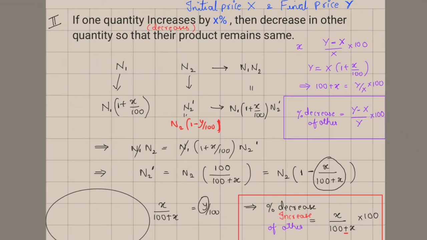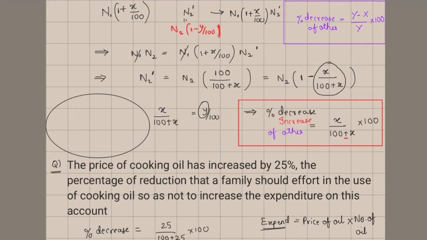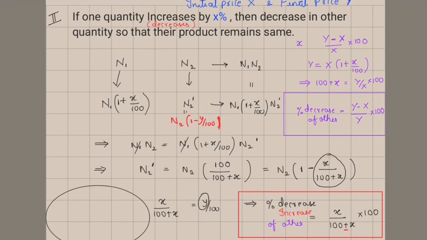We have discussed this concept where one quantity increases by X percentage, then the decrease in the other quantity so that their product remains the same. We have seen that the final result, our observation, is X by 100 plus X into 100. Similarly, when one quantity decreases by X percentage.